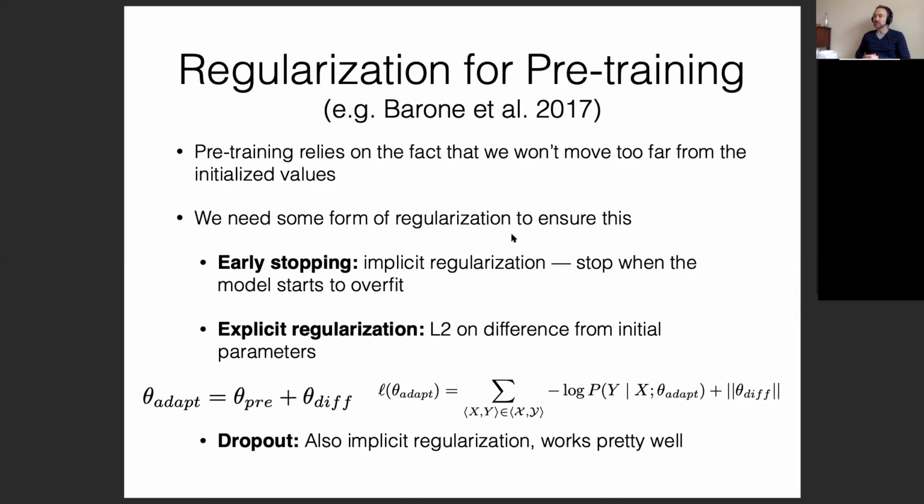This paper by Barone et al., which was specifically for machine translation, compares all of these different methods together. They find that adding large amounts of dropout, or a much higher amount of dropout, is almost as good, or sometimes even better, than explicit regularization. And it is much easier to implement. You just need to turn up the dropout rate on your models.